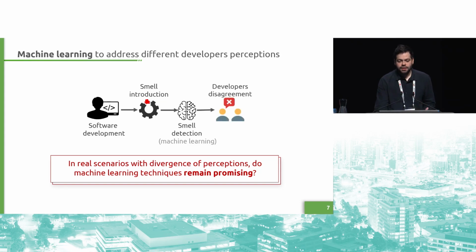However, it's unclear how machine learning techniques behave in these scenarios of different perceptions from developers. That is, do machine learning techniques remain a promising way to detect developer-sensitive smells in a scenario of different perspectives?